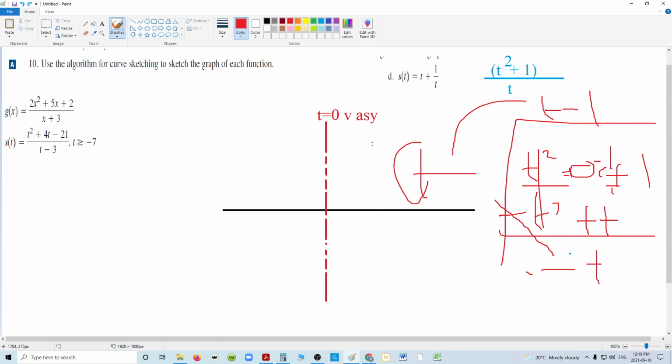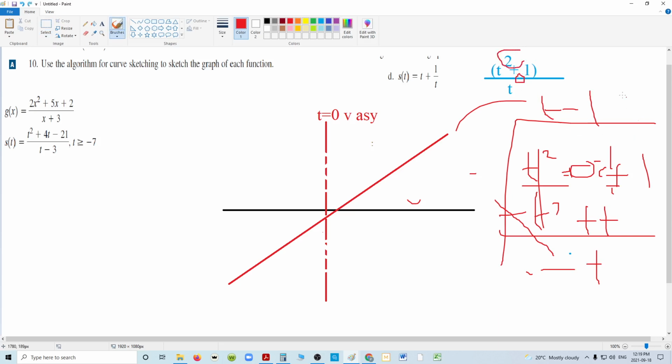So that means the line t minus 1 is the equation of what is called an oblique asymptote. I think it's called an oblique. Forget what it's called. The diagonal asymptote occurs when the power up here is 1 more than the power down here.